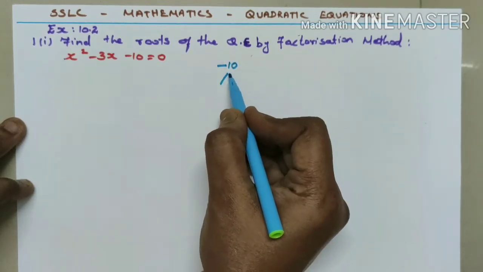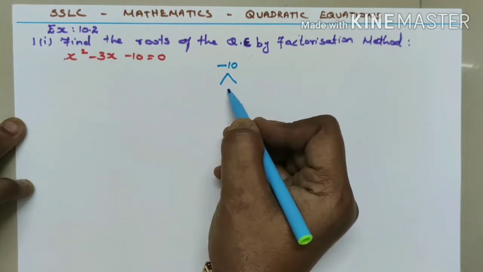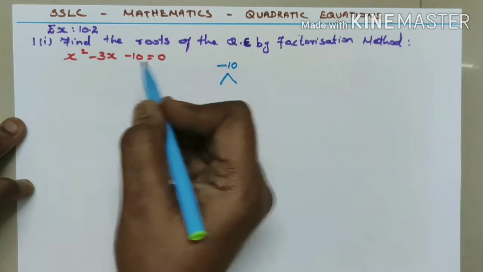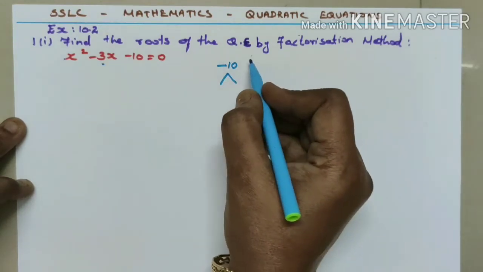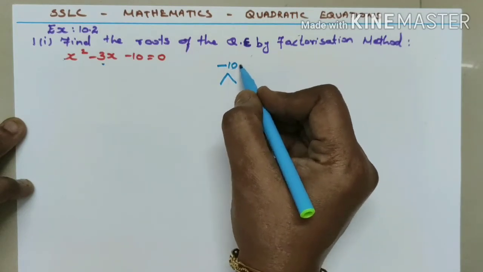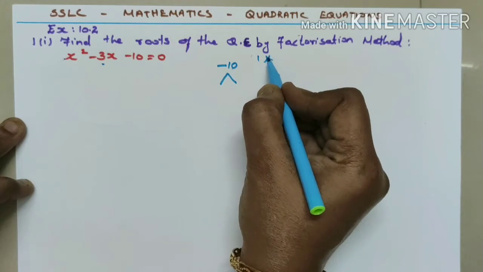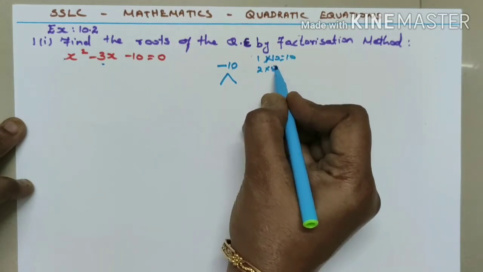So for 10 you should find the factors. That means if you multiply the two numbers you should get minus 10, and if you add or subtract you should get minus 3 as the answer. So let me find the factors of 10. For the factors of 10, 1 tens are 10, then 2 fives are 10.